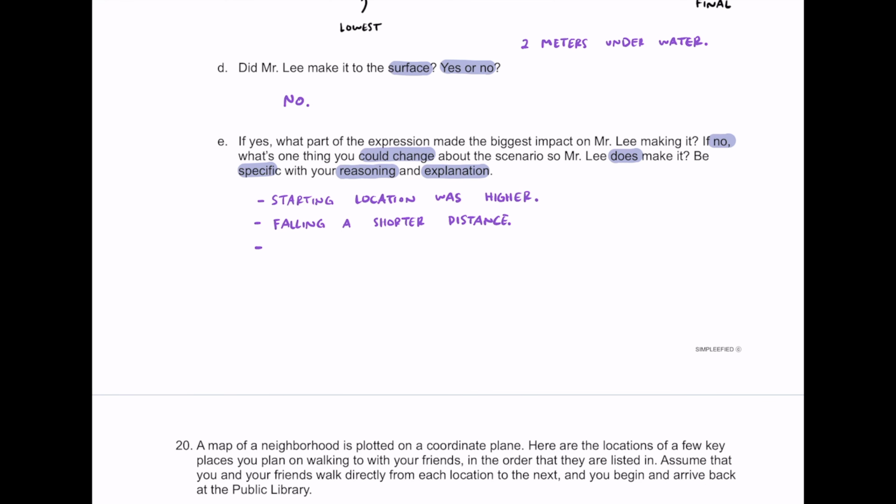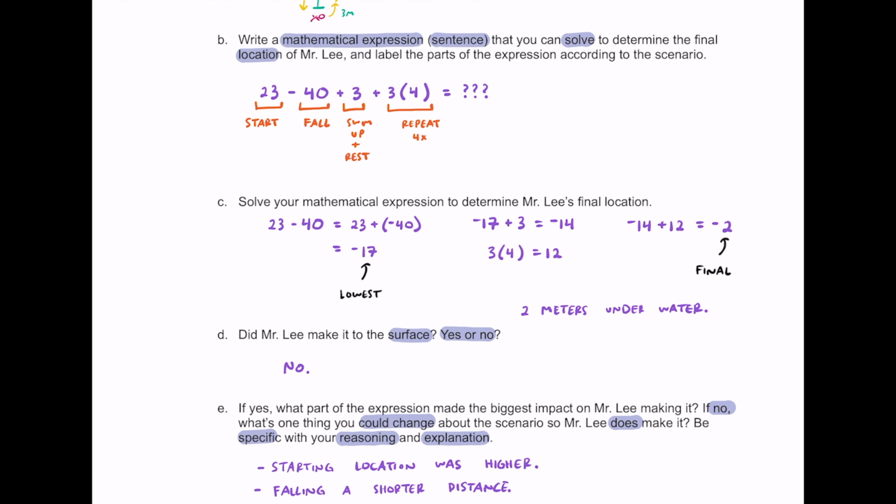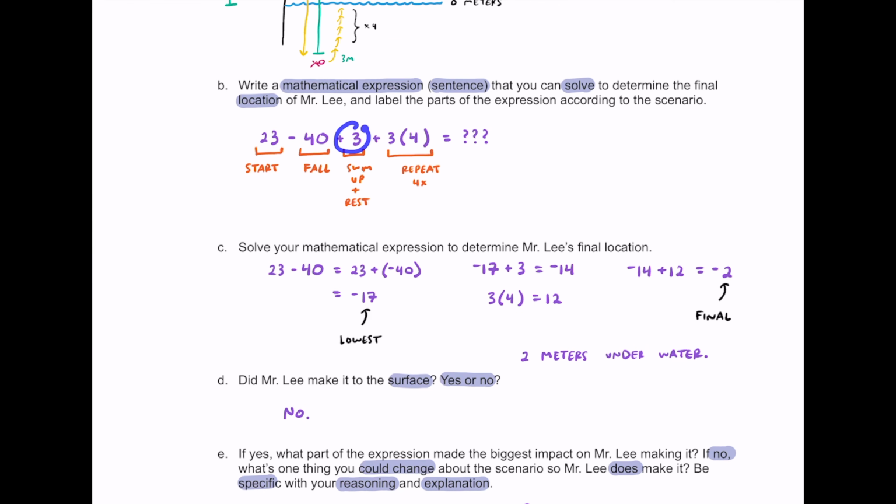Or one other thing I'm thinking of that could impact it would be to swim more, or swim further up each time before resting. You know how there's that part where we were swimming upwards, only swam 3 feet at a time, right?